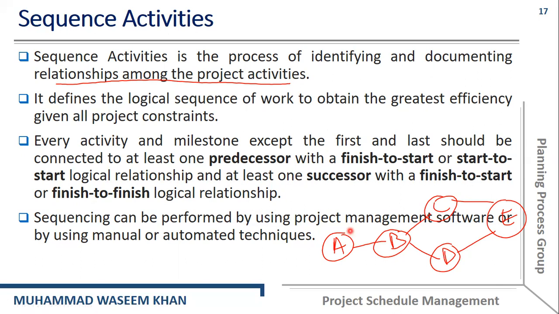So we will discuss in the coming slides what actually the predecessor is and what the successor is. And we will discuss the four different types of relationship, that is finish to start, start to start, and finish to finish relationships.